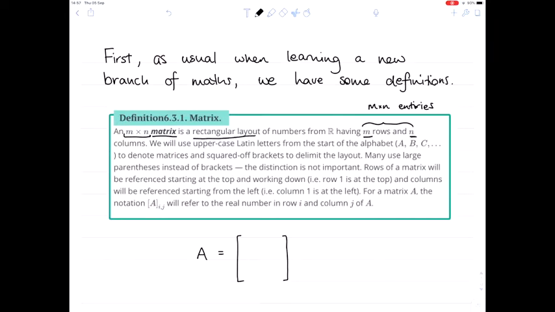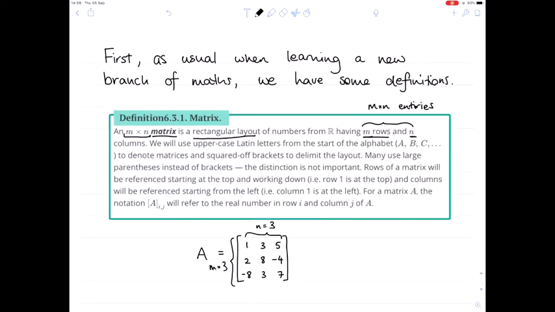Now it's a rectangular layout. It has m rows and n columns, so the same number of things in each row. So we've got, for example, 1, 3, 5 in the first row, 2, 8, minus 4 in the second row, and maybe we've got minus 8, 3, 7 in the third row. So this matrix has m equal to 3, it has 3 rows, and it happens to have 3 columns.